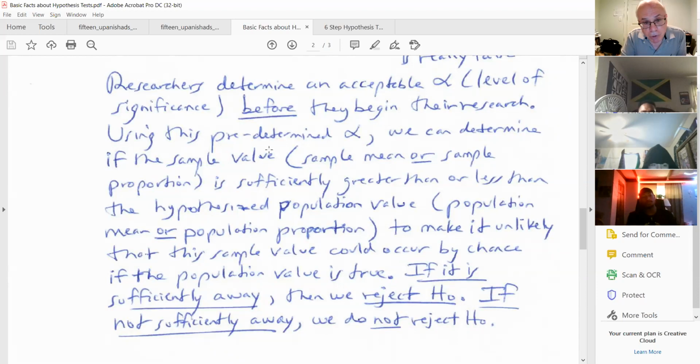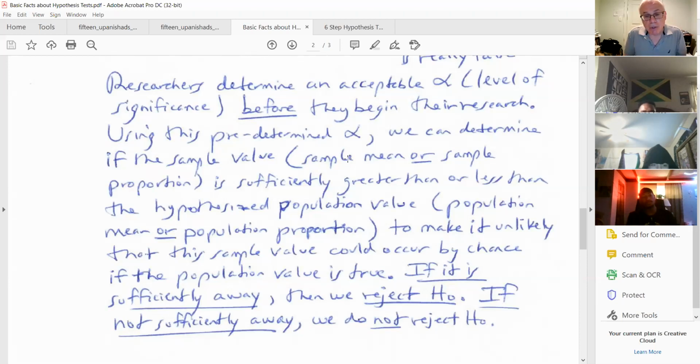And they want to see, using this alpha, and I'll show you how to use it a little bit later, if the sample mean or sample proportion is so far away from the hypothesized population mean or population proportion to make it unlikely that the sample value occurred by chance if the population mean or proportion is actually true.